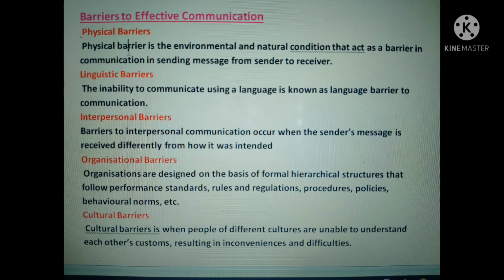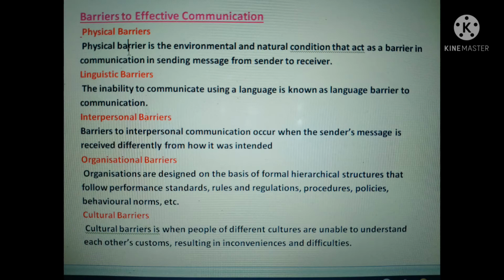Physical barriers are the environmental and natural conditions that act as a barrier in sending a message from sender to receiver. Then the second one, linguistic barriers. The inability to communicate using a language is known as a language barrier to communication.